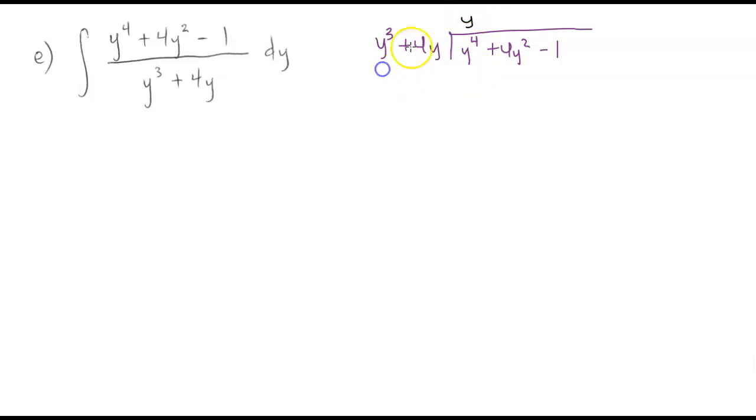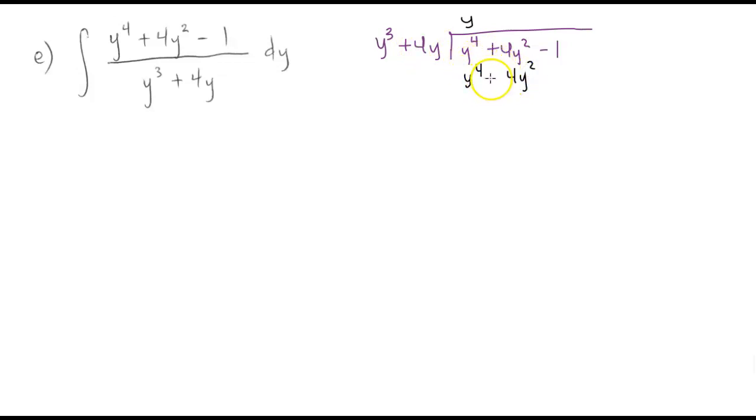So now that we know that, we're going to take y and multiply it times y cubed, and that will give us y to the 4th. And y times 4y, that's going to give us a positive 4y squared.